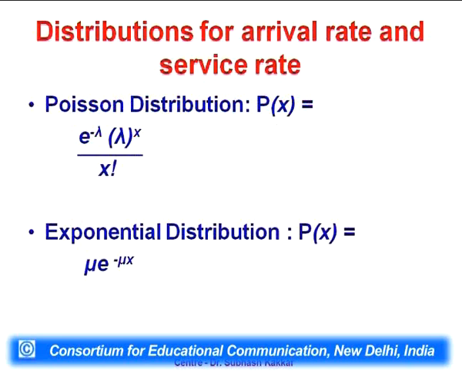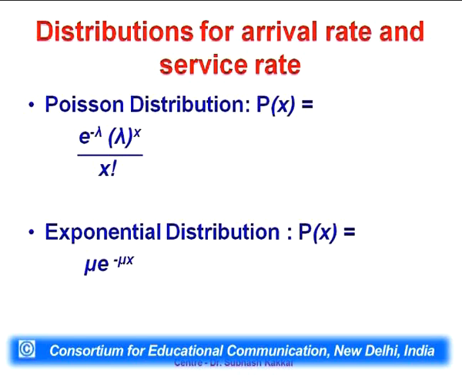Distributions for arrival rate and service rate. As we discussed, Poisson distribution is a distribution for arrival rate, and the probability of any number of customers x waiting in the queue is given by Px equal to e raised to power minus lambda and lambda raised to power x divided by x factorial.